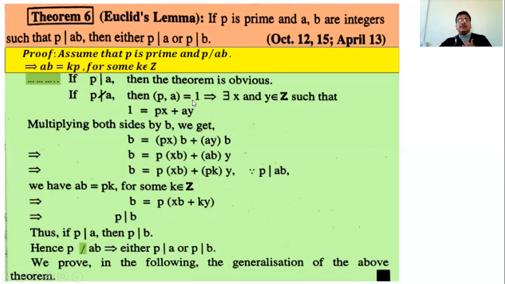The possibilities are 1 or P, but P is not the greatest common divisor. That's why 1 is the greatest common divisor.